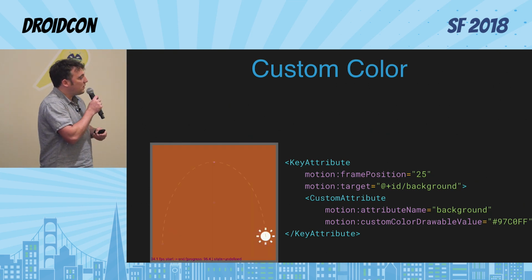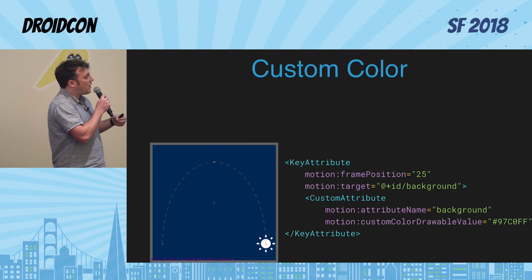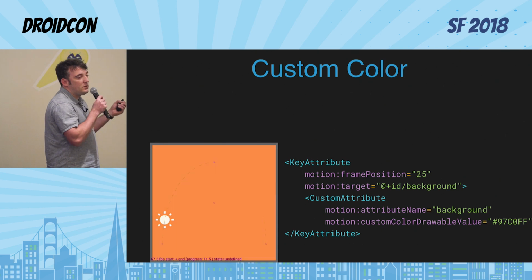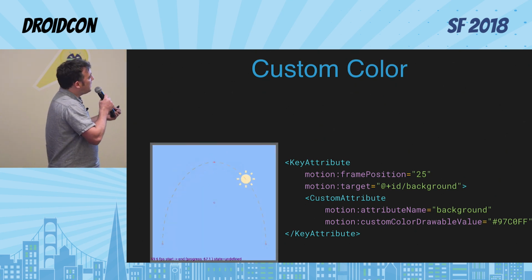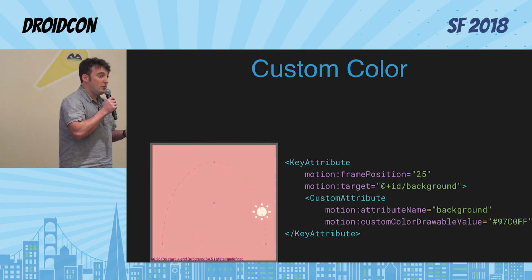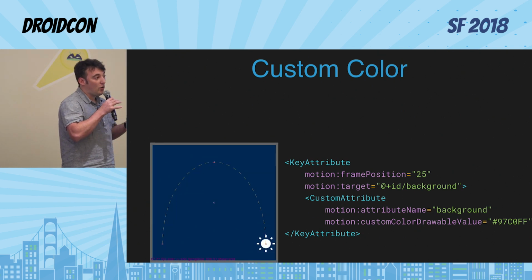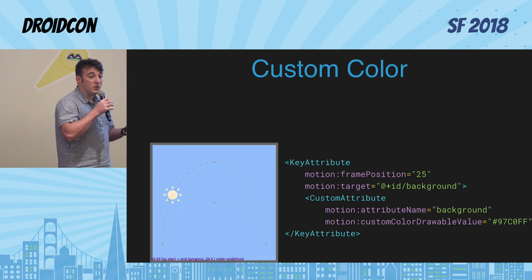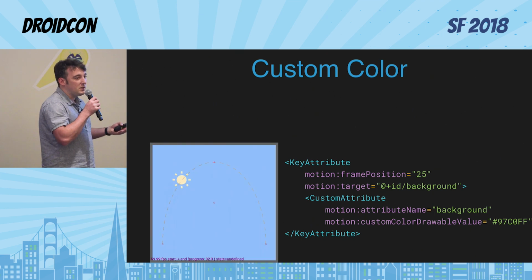Here, I'm just using a color presenting itself as a drawable, which lets me animate the background property of the view. That's really helpful, because that means your motion can encompass not just the widget position, but a lot of those property changes that you otherwise would have to do in code. And here you can simply do it in XML.